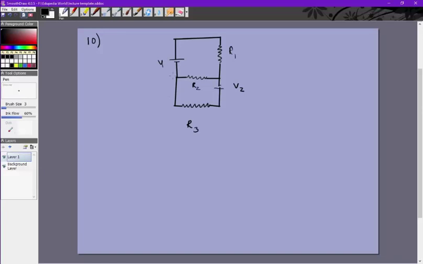So I'll set this to 0, which means the potential here is 0. And then the potential here has to be V1, and the potential here is V1, then another positive, so this is V1 plus V2 and this is 0.